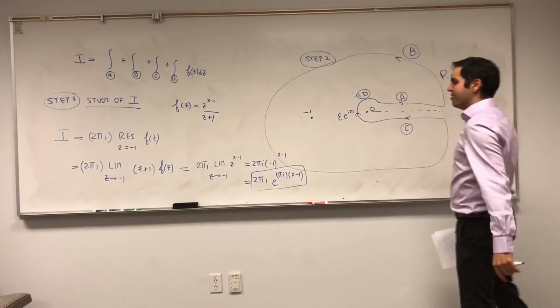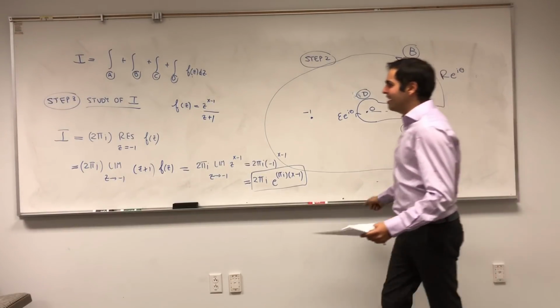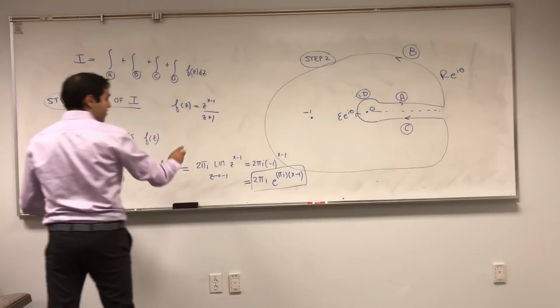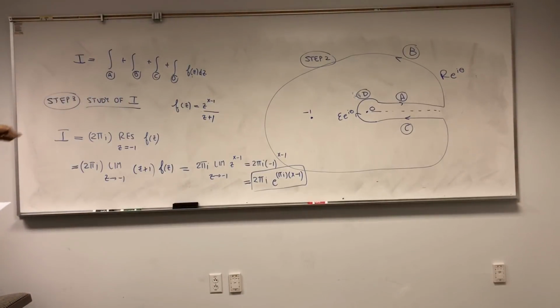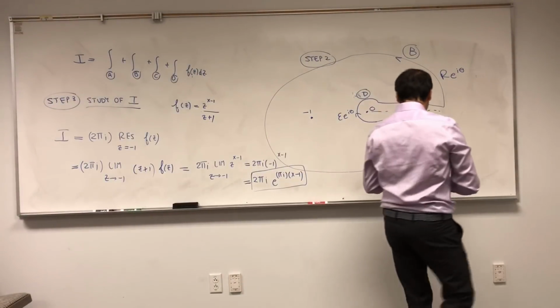That's enough to simplify this. So if you integrate over the whole contour, you get 2 pi i times this complex number, a very strange complex number.